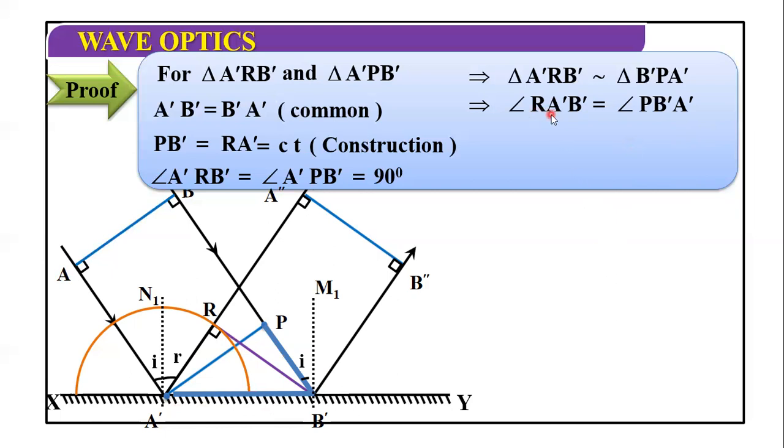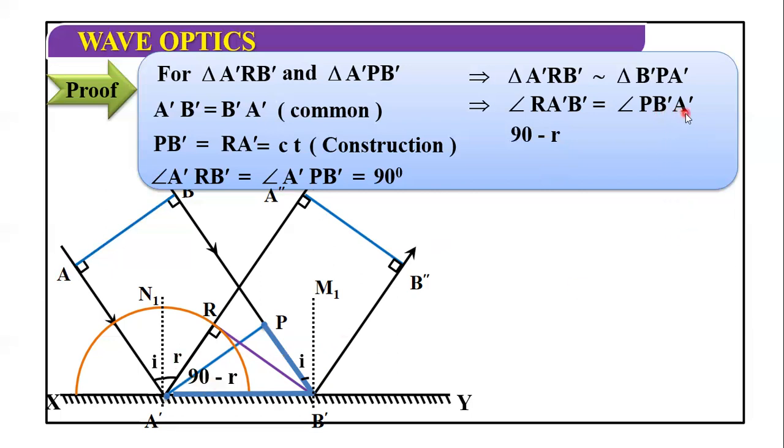Now in this angle, if we add R, we get 90. R plus this angle is 90 degrees because this is the wavefront and this is the normal. So we can write this angle is equal to 90 minus R.